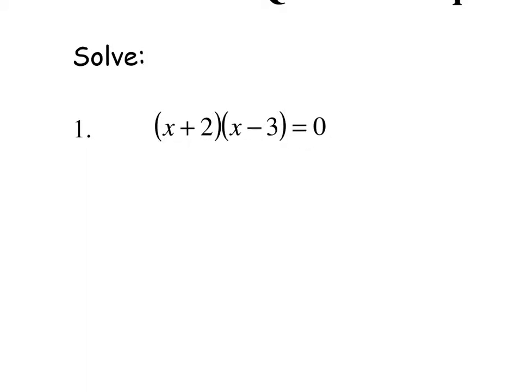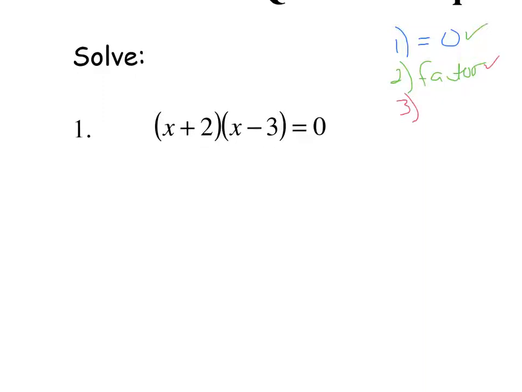And if you remember from the lesson, the first step to solving a quadratic equation is make sure it equals 0. So this one already does, so we've got that covered already. The second step is to factor. Well, this equation is already factored, so we've got that step covered.